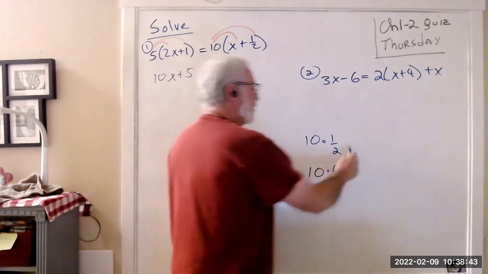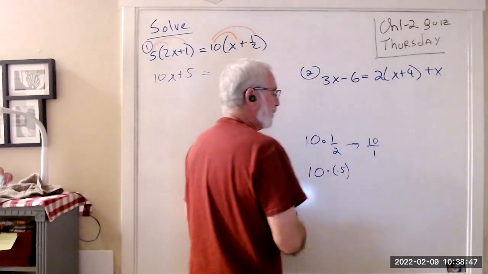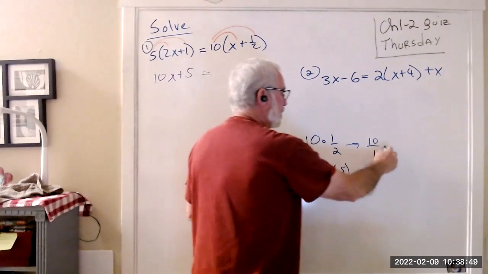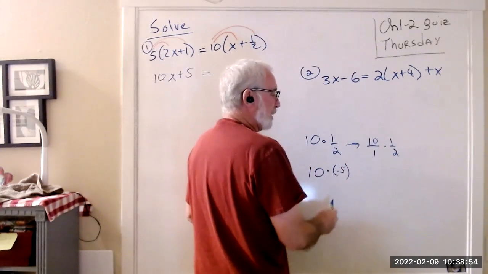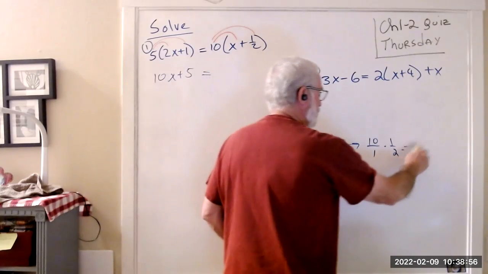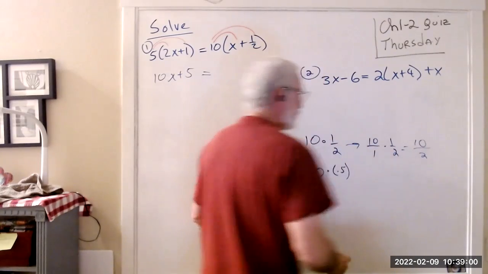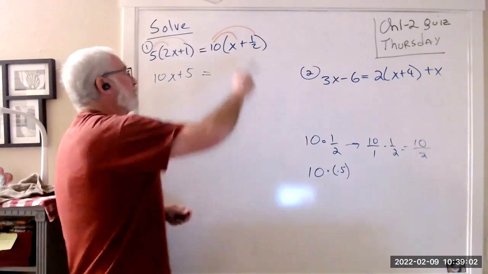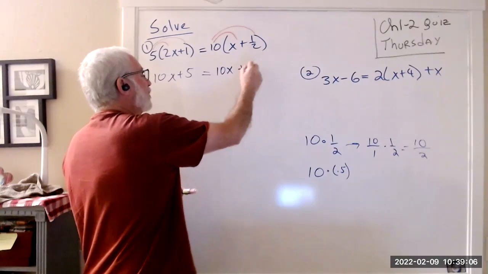The other thing is, how do you multiply? You turn this into a fraction, 10 over 1 times 1 over 2. And when you multiply fractions, you multiply top times top. 10 times 1 is 10. Bottom times bottom is 2. And then reduce. Whatever we get over here, this becomes 10x plus 5.